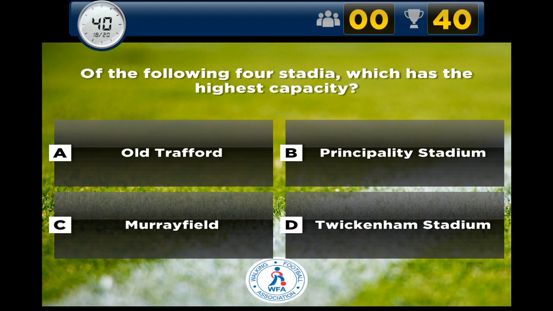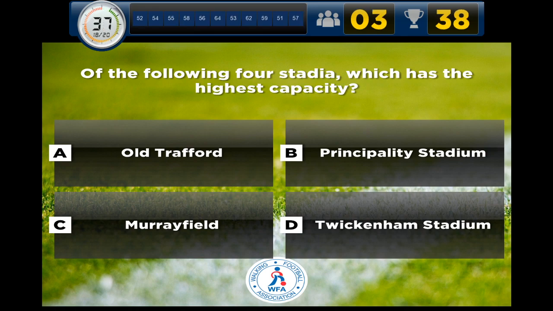So, of the following 4 stadia, which has the highest capacity? Is it Old Trafford, Principality Stadium, Murrayfield or Twickenham Stadium? So the highest capacity of those stadia: Old Trafford, Principality Stadium, Murrayfield or Twickenham Stadium.